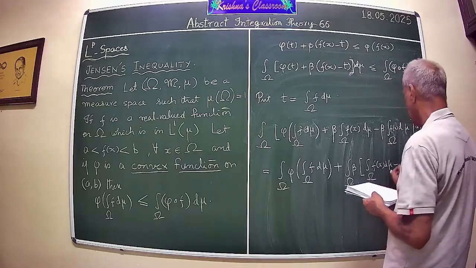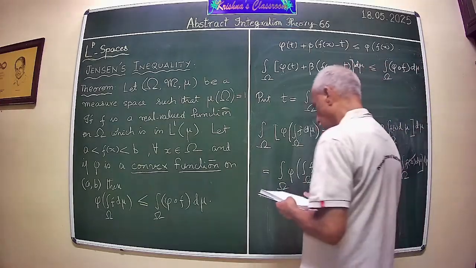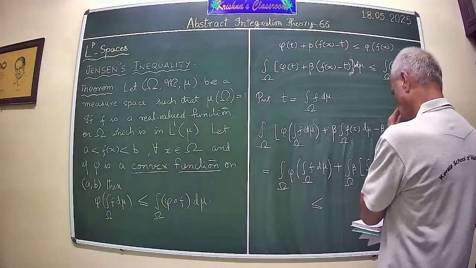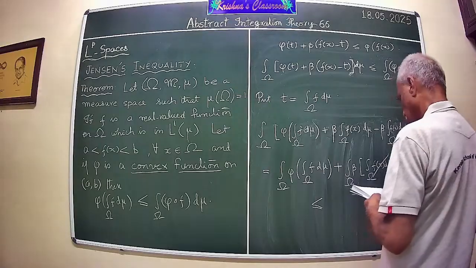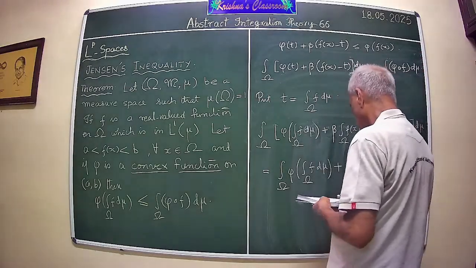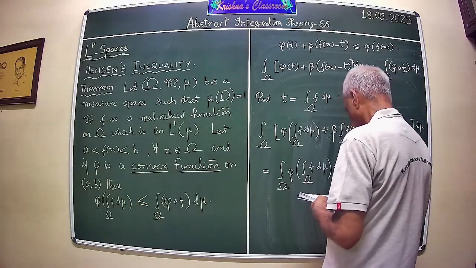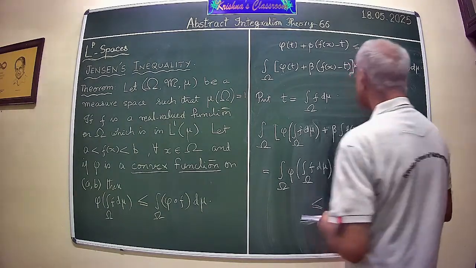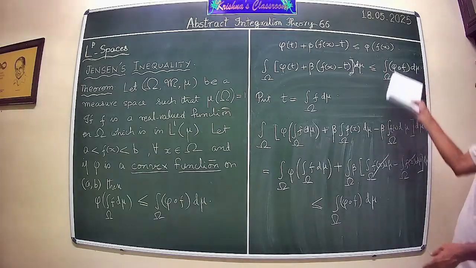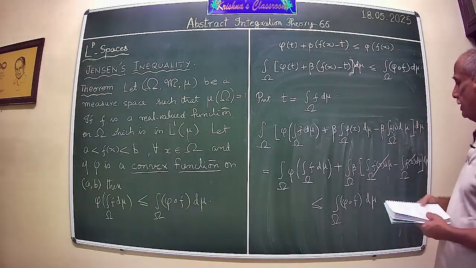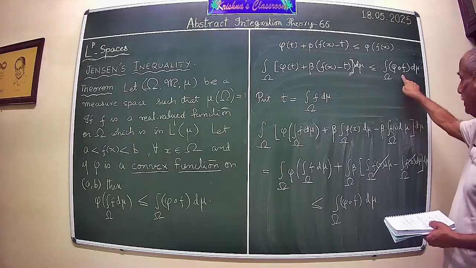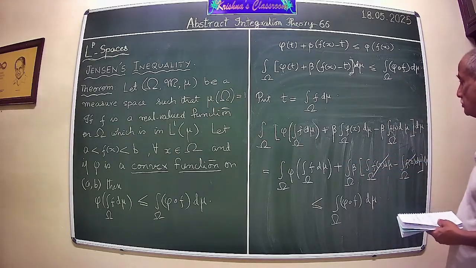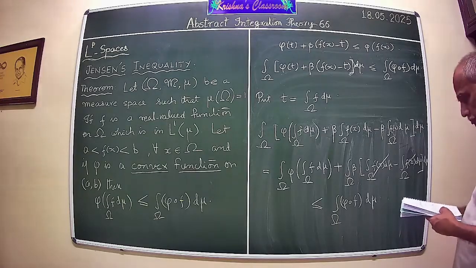Now these two cancel, and this was less than or equal to, okay, so we are using this. This side we have evaluated, and the left hand side is equal to this, and the right hand side is this. Okay, so this inequality.